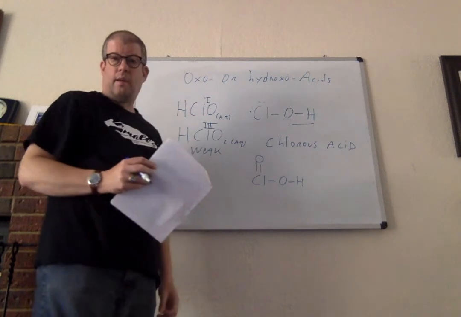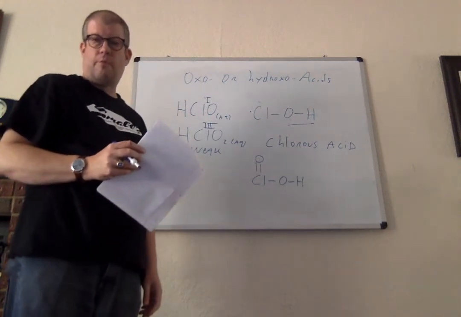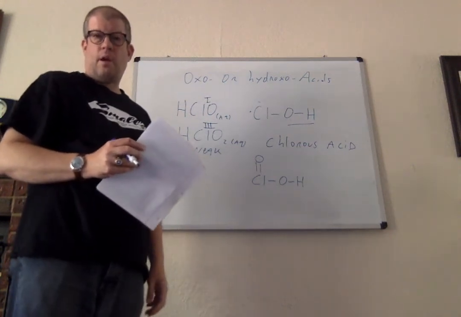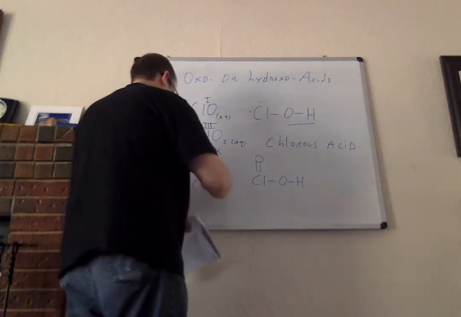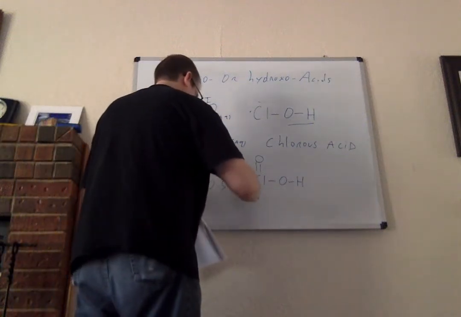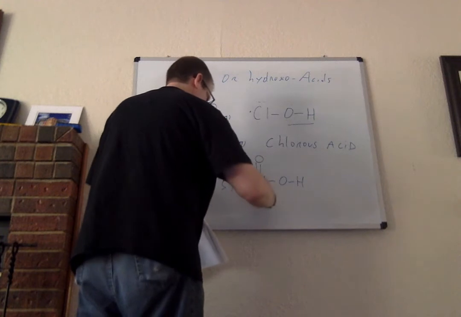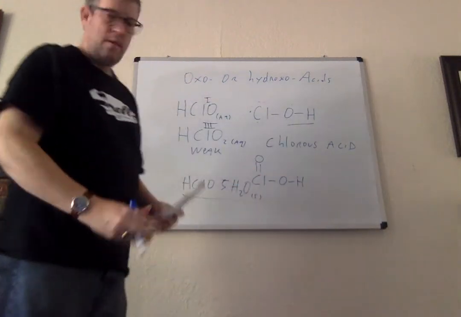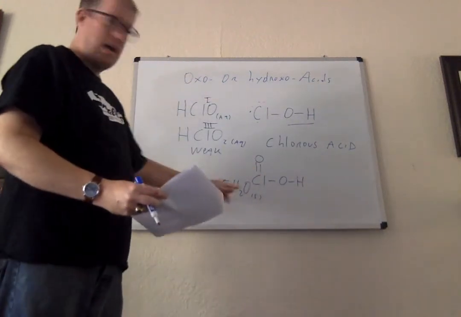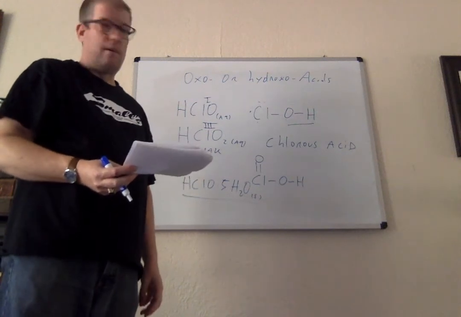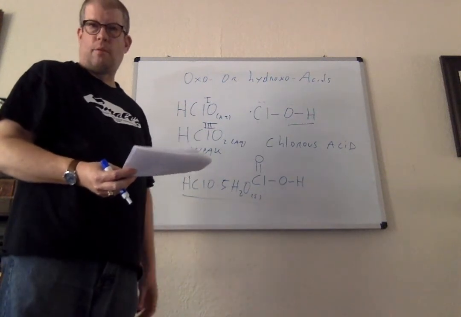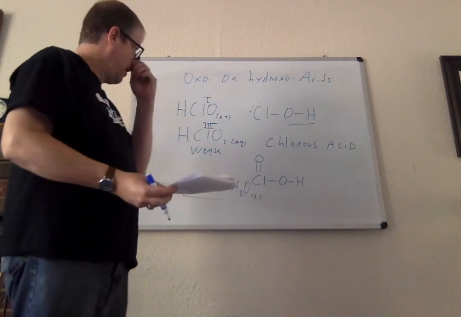This is a solid, in pure form, can be explosive. You can get it as a pentahydrate, like so, HClO2·5H2O, that is actually stable, especially if you keep it in a cooled refrigerator or something like that.